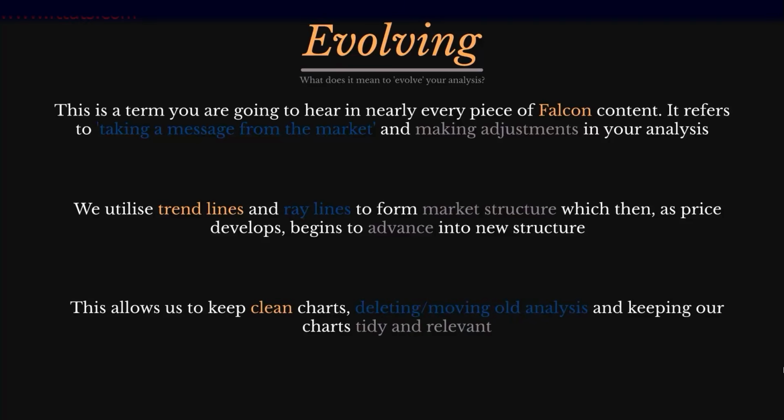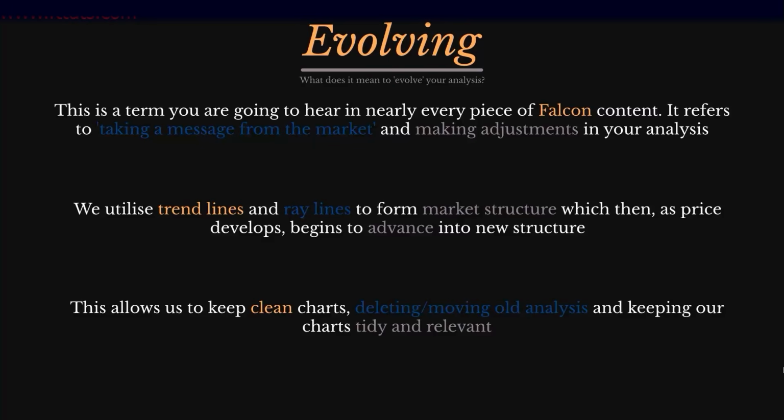And it also allows us to keep our charts very, very clean. And what we'll do along the way, we will either be deleting or moving old analysis. And what it's done is it's keeping our charts super clean and relevant to the current price. Rather than taking trend lines from 1984, we've got our trend lines focused on what is the most reliable form of price action, what is the most recent form of price action, and that is the most important part.